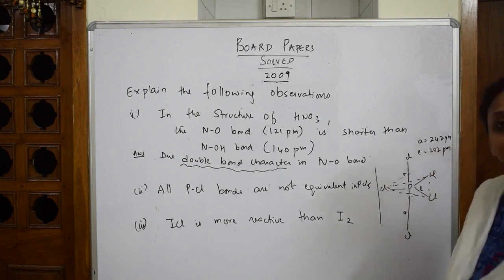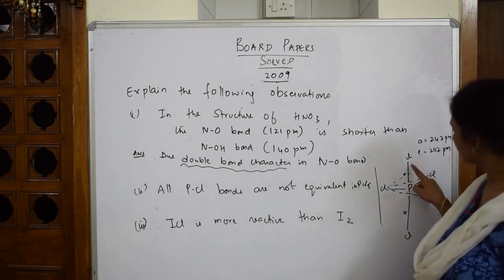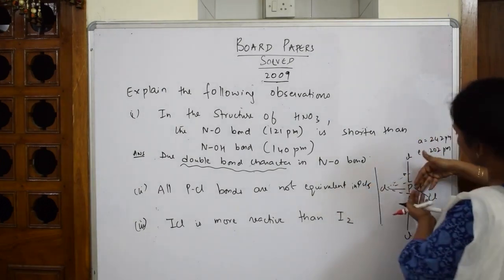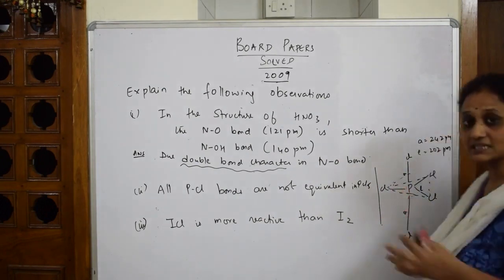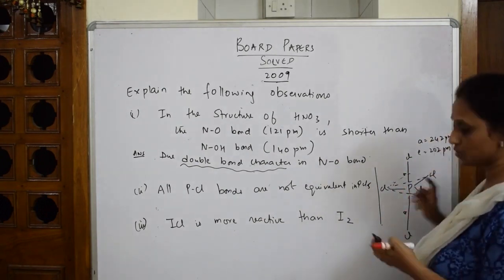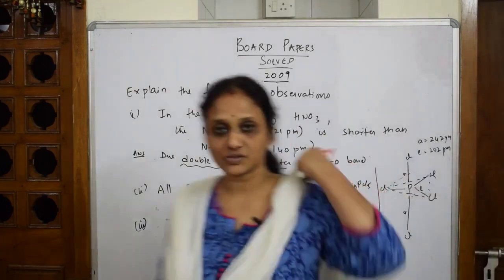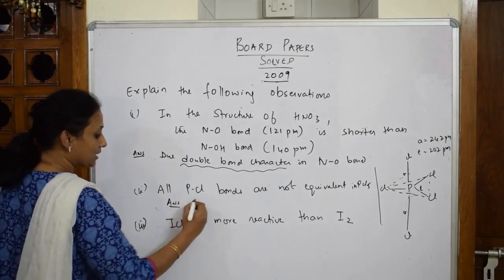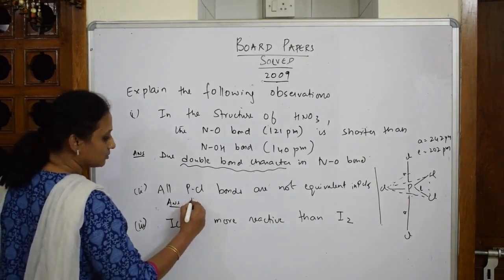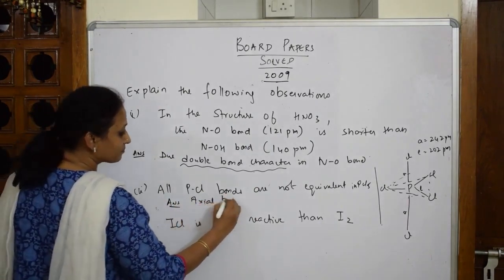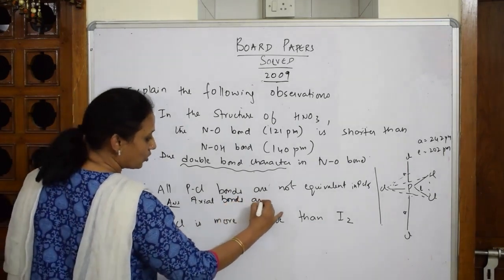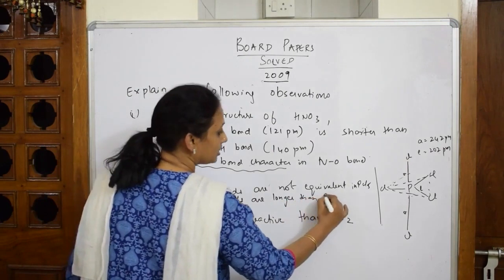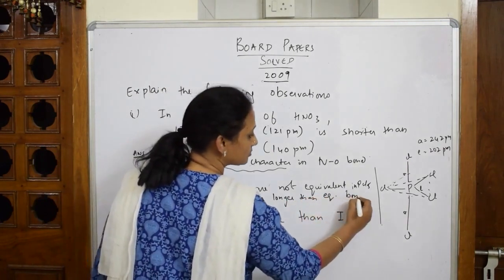Now they're asking why is it different? So simple. What should you write? That in axial bonds there are electronic repulsions. Because of these repulsions, the bond length has increased and automatically you're finding that difference between the two. Try to draw the structure first and write the answer: axial bonds are longer than equatorial bonds.